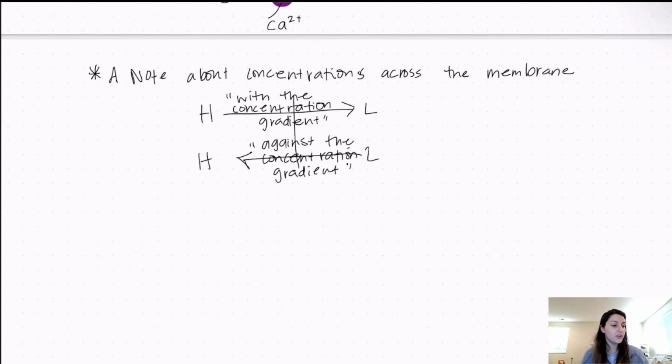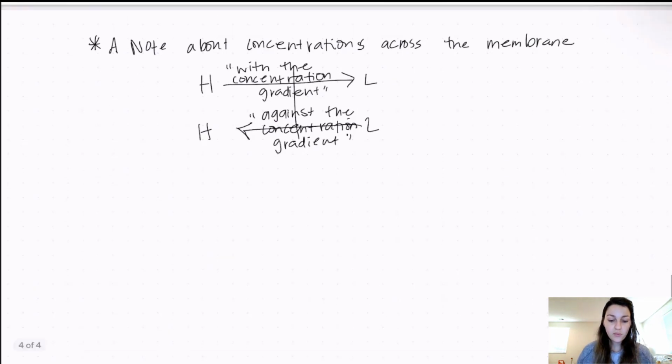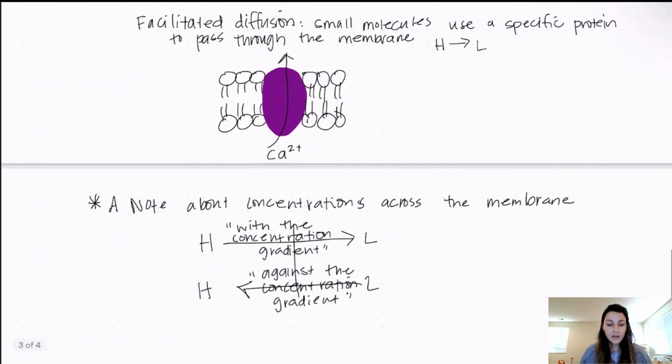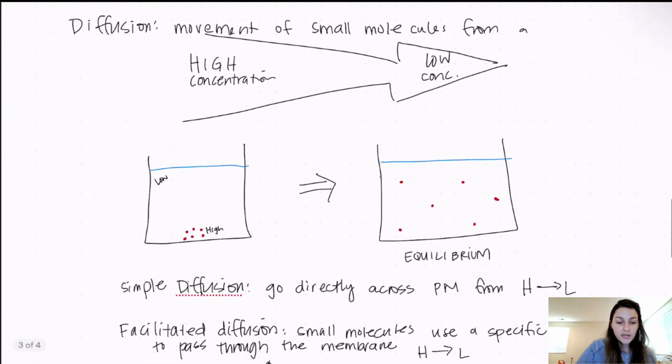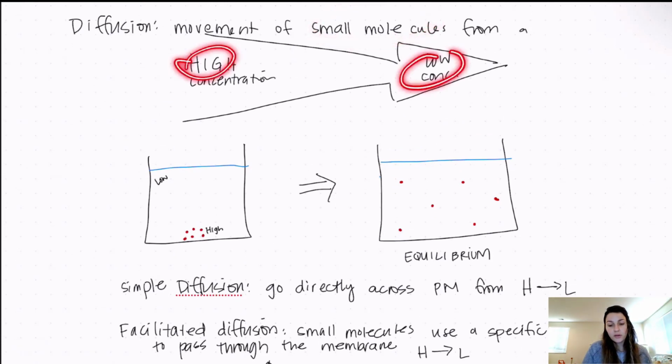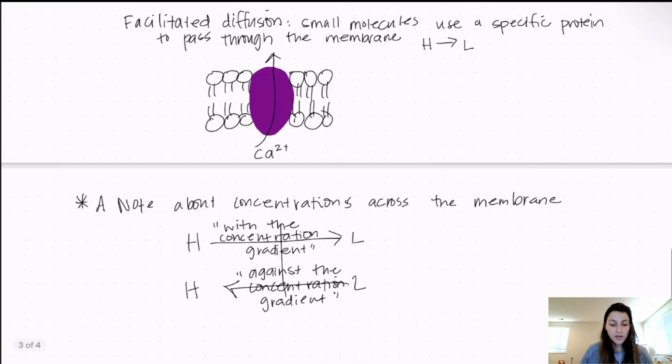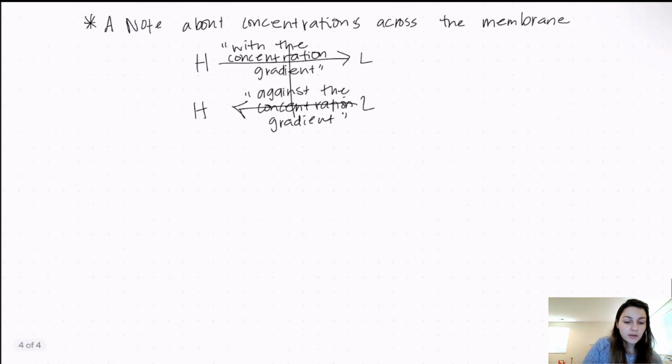That brings us to our next point also because, so diffusion, let me bring up our definition here. Diffusion is the movement of small molecules from a high concentration to a low concentration with the concentration gradient, right? We have a special kind of diffusion called osmosis.